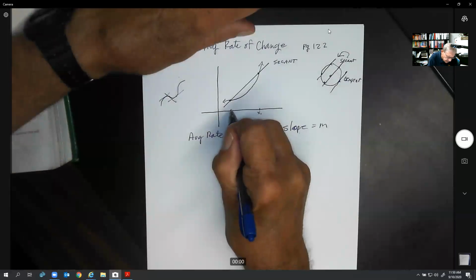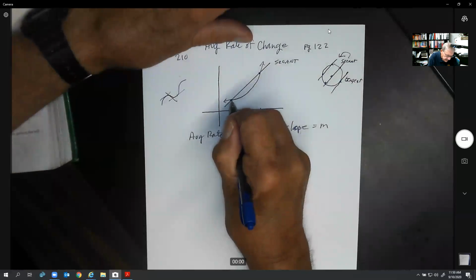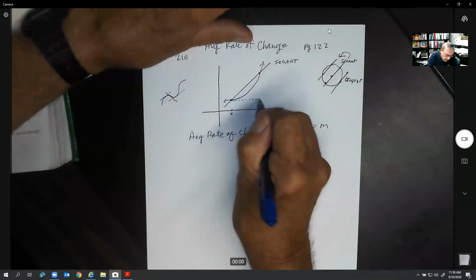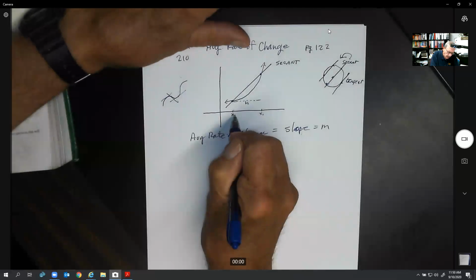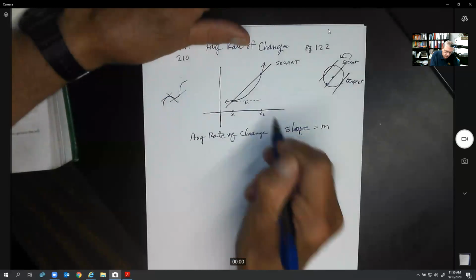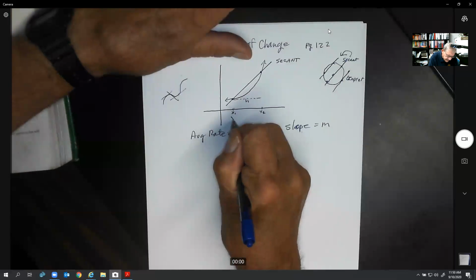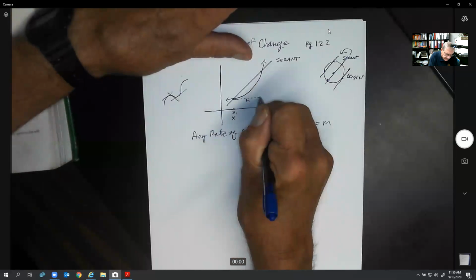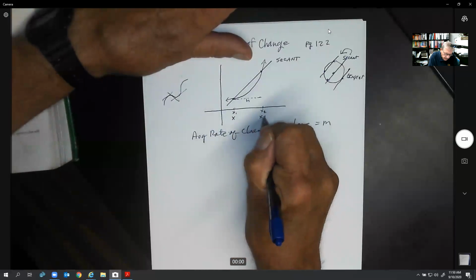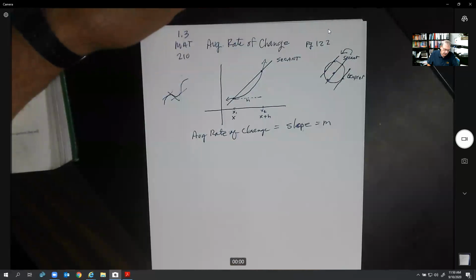The distance between these 2 points, we're going to call h. So rather than calling this x1 and this x2, we're going to call this point x, and this point x plus this distance, x plus h.